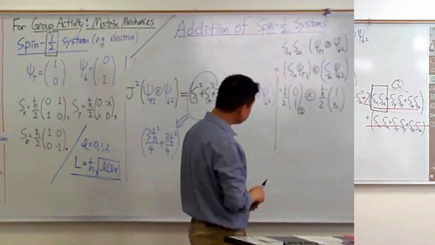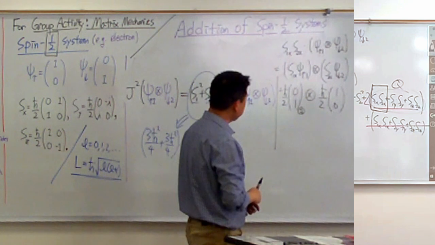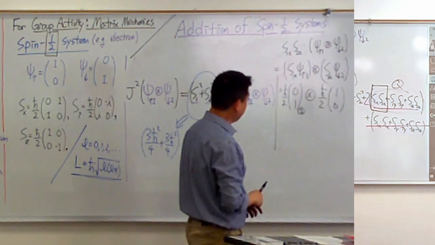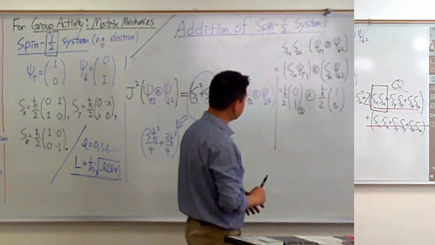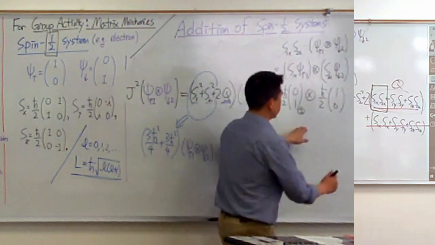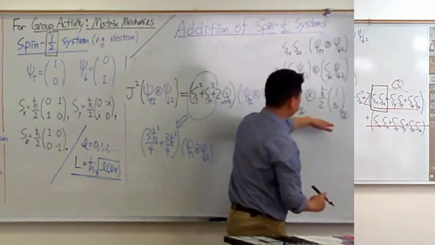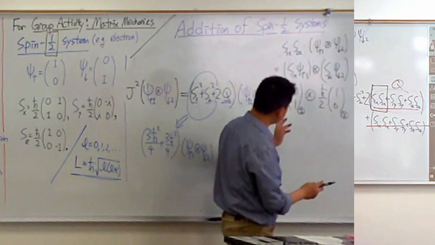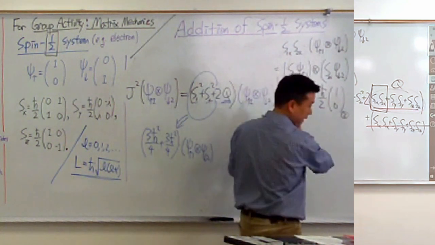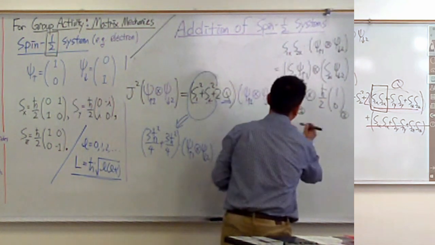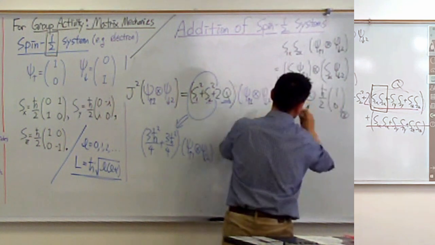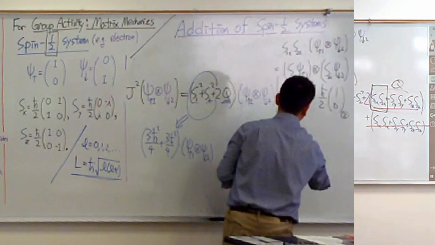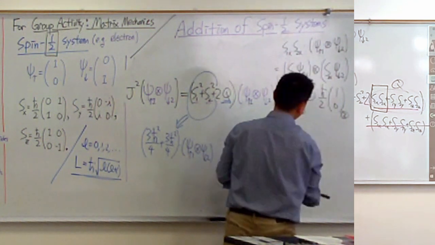Okay. So, all right. So my state has changed. So this state is definitely not the same as, so I guess if I collect it back out, this scalar moves through, so I have h bar squared over 4 multiplied to this state.